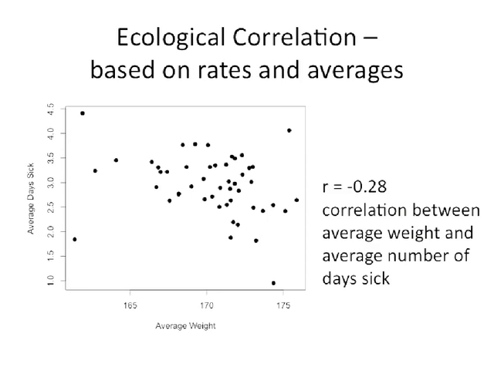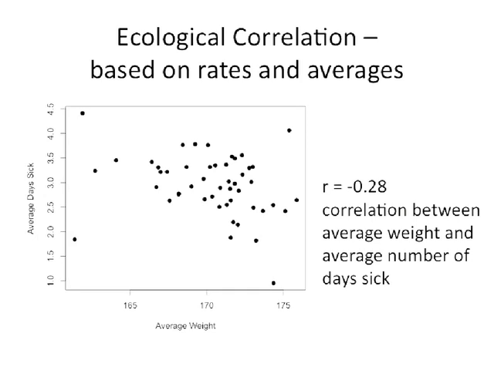This is called ecological correlation. Ecological correlation is, and this is relevant to the election people as well, a correlation between averages or between rates as opposed to individual measurements.